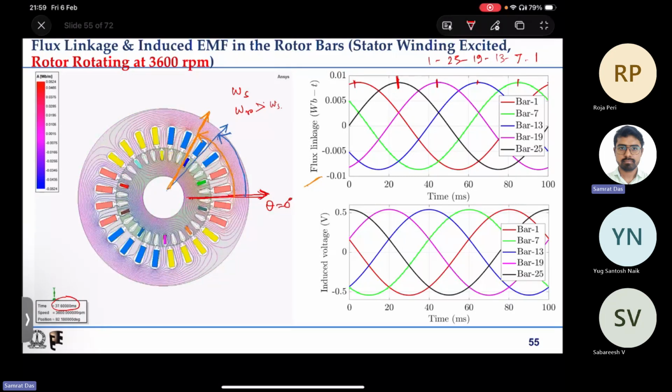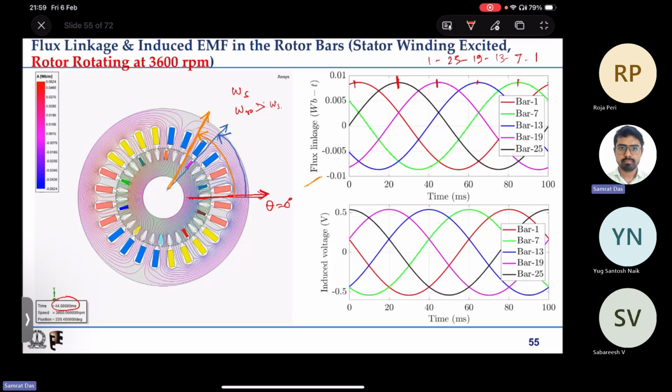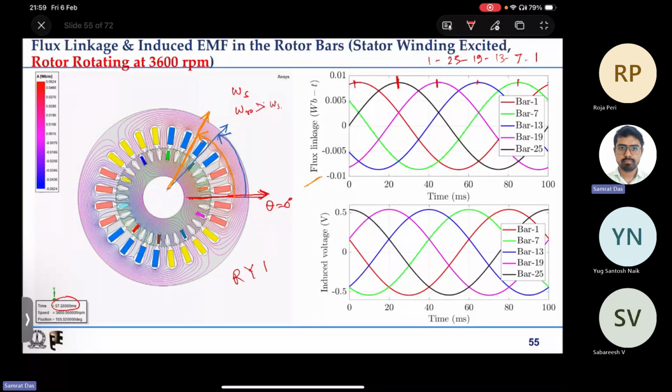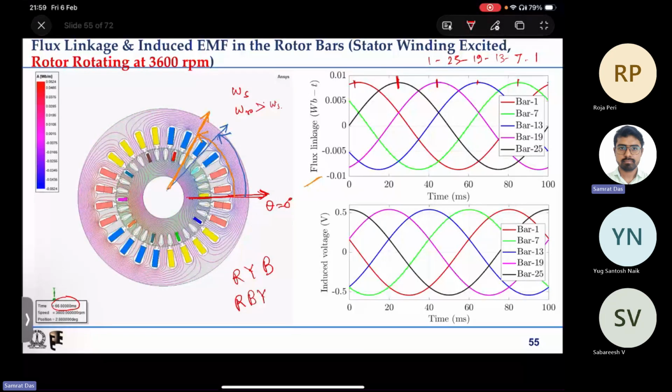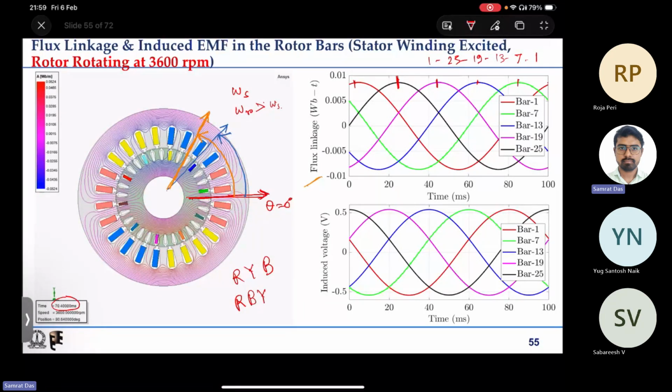So that means in this case, suppose we had 3 windings on the rotor, for the motoring case the phase sequence would be R Y B. For the generation case the phase sequence would become R B Y. So the phase sequence would change.